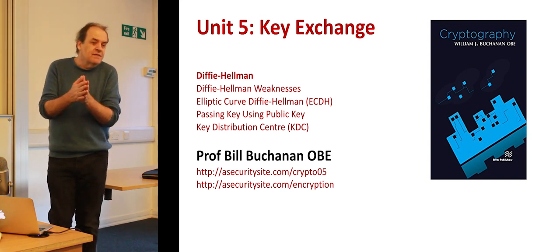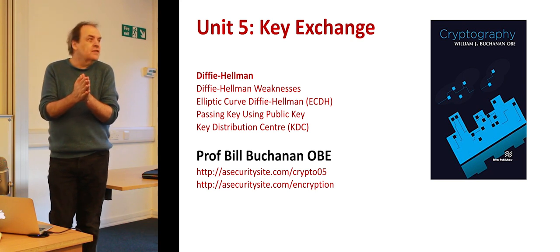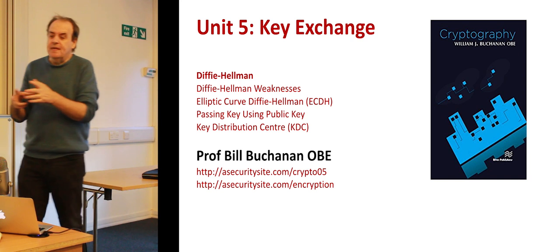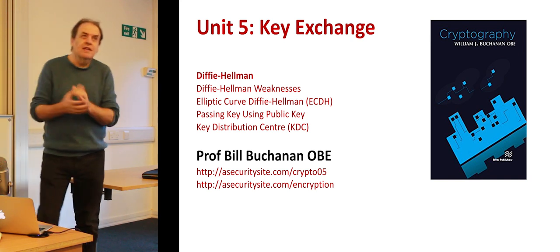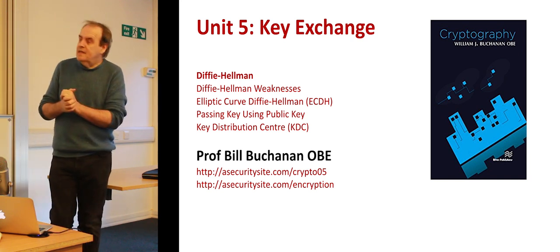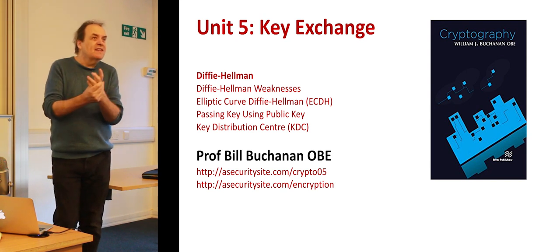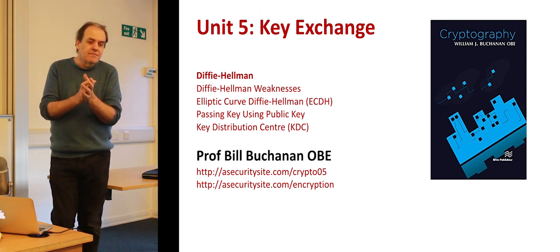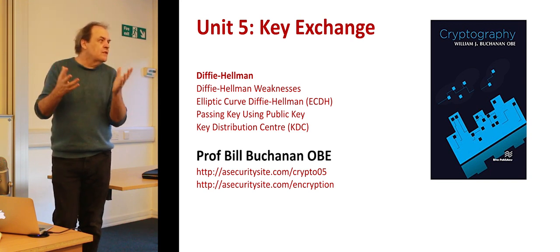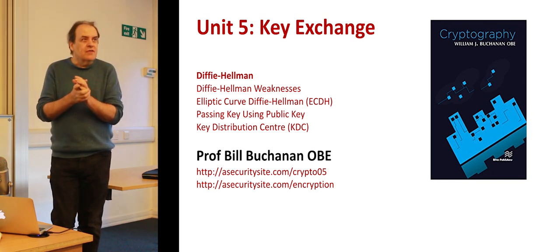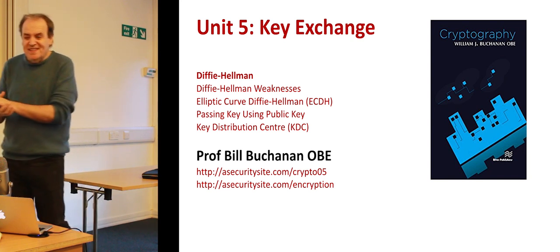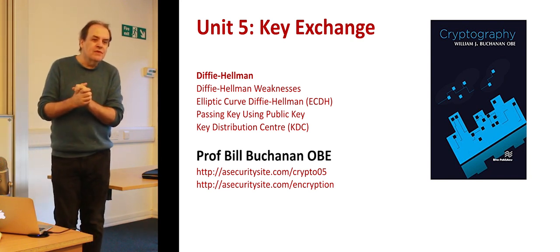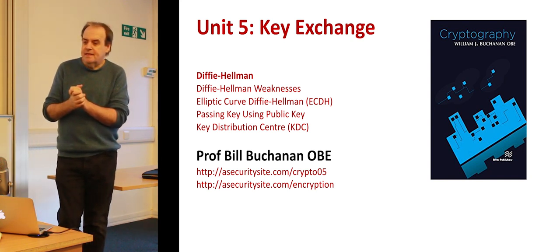It's been around for over 40 years, and it's still going strong. And it's the basis of many of the methods that we'll look at. Then we'll look at some of the weaknesses of it. It's caused a lot of problems, POODLE, FREAK, and so on. So many of the major security problems that have happened through the usage of the Diffie-Hellman method.